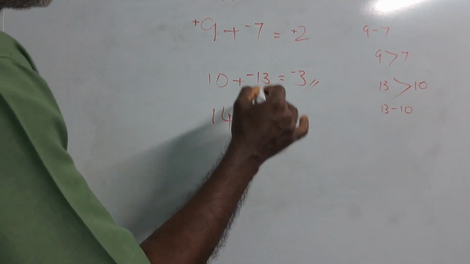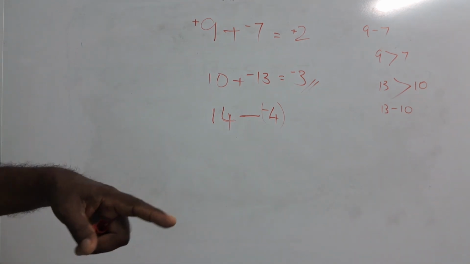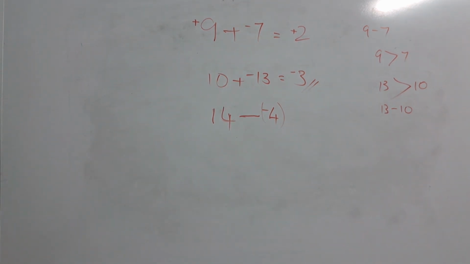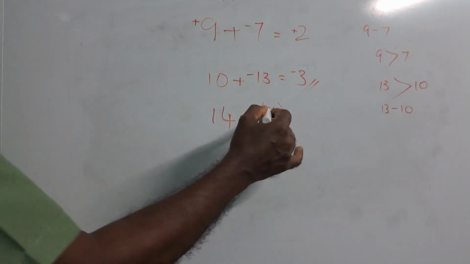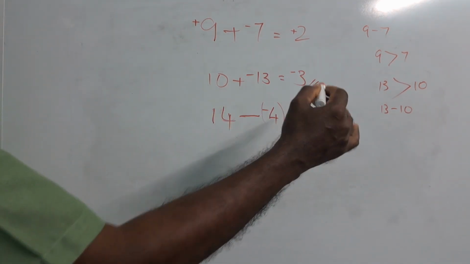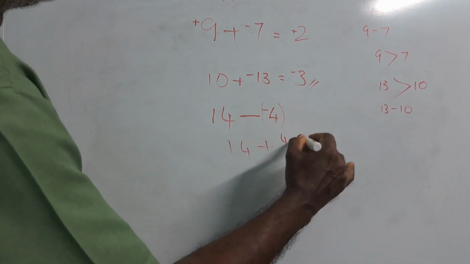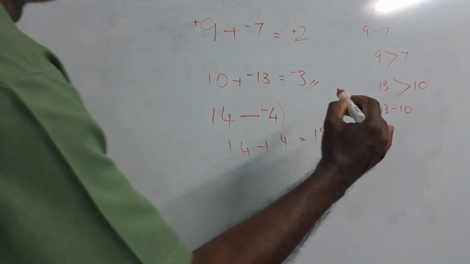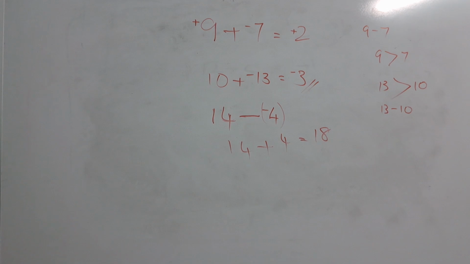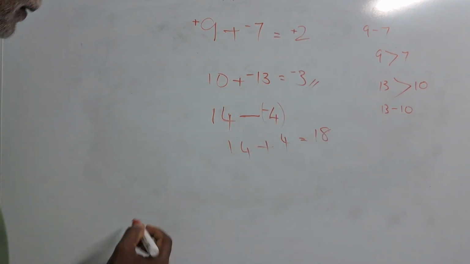If the number has a positive sign, change it into negative. If the number to be subtracted has a negative sign, change it into positive and add 14 plus 4. It is 18, or positive 18.